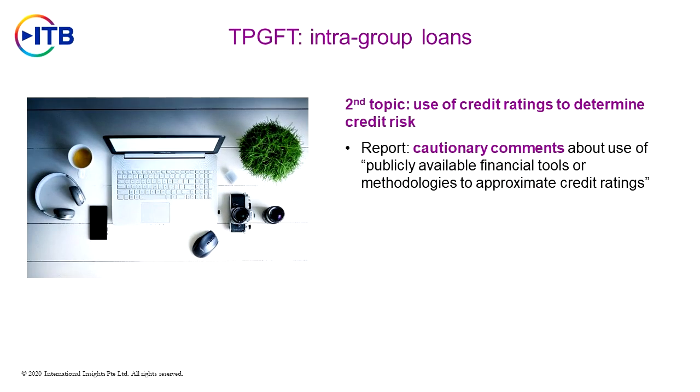The second topic concerns the use of credit ratings to determine credit risk. The report makes some cautionary comments about the use of publicly available financial tools or methodologies to approximate credit ratings.